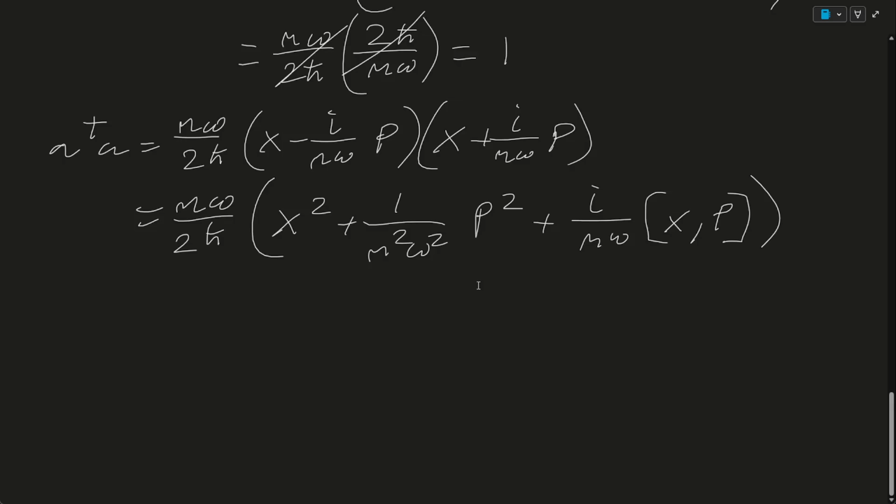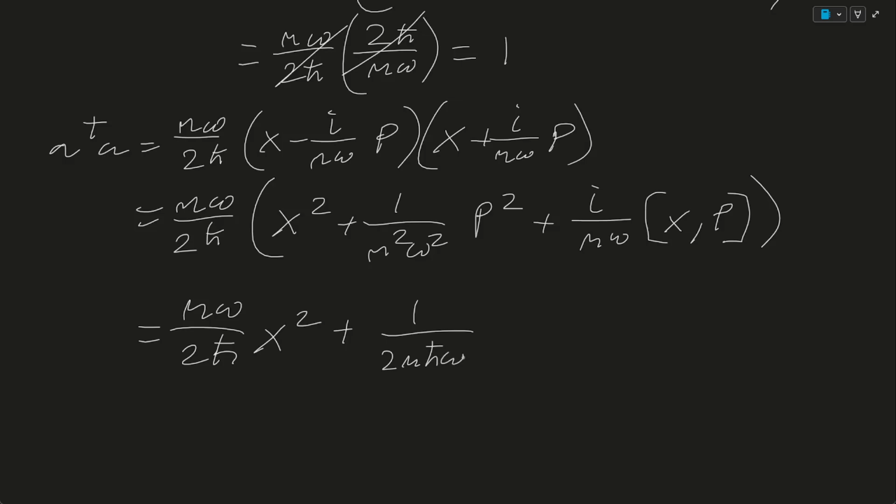and we can multiply everything by h bar omega. So this is still going to be m omega over 2h bar times x squared plus 1 over m squared omega squared p squared minus half.